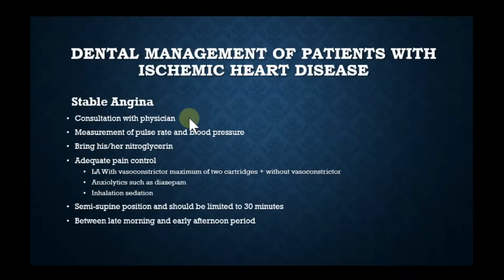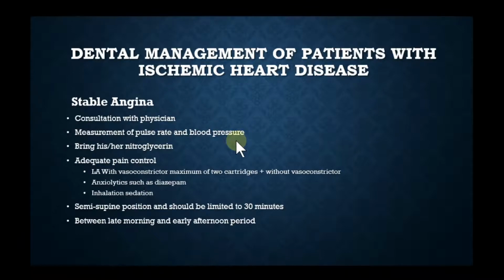For example, if we have patients with stable angina, which can be controlled by medication and is usually aggravated by exercise or stress, we need to consult with their physician, and the pulse rate and blood pressure need to be taken before each visit.